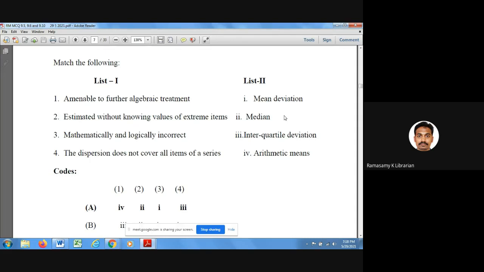In order to escape from this problem only, it is squared, you get sum of squares, then you divide by n minus 1, you get variance, you find the square root of variance, you will get standard deviation. So when you are simply calculating mean deviation without multiplying, the total of all the answers will be 0. So that is why we say it is mathematically and logically incorrect.